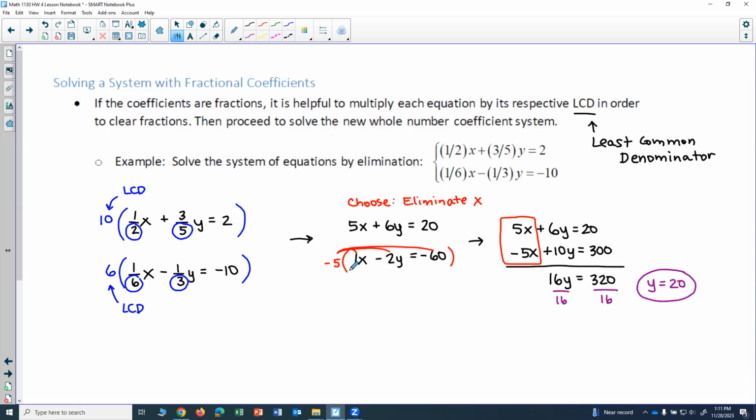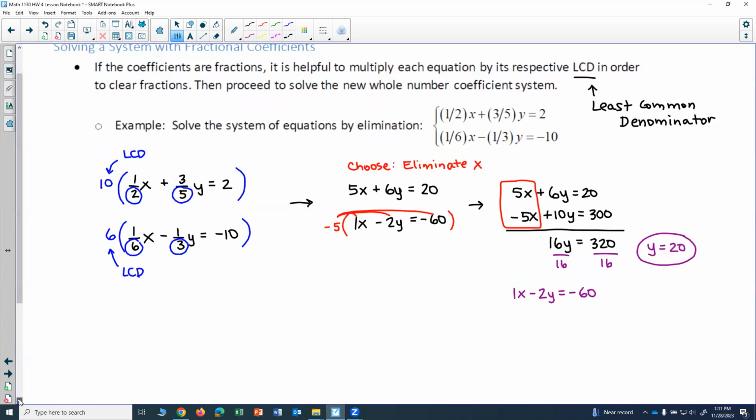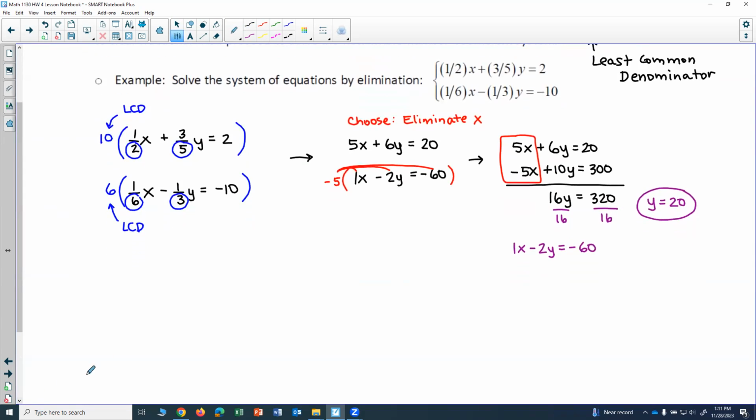Now to find x, I'm going to plug that y value into either of these equations. So let's say I pick the 1x minus 2y equals negative 60. I'm picking the second equation that was modified to not include fractions. So now I'll plug in 20 for y.